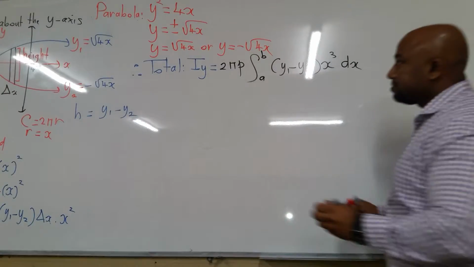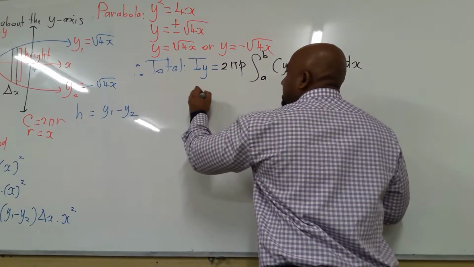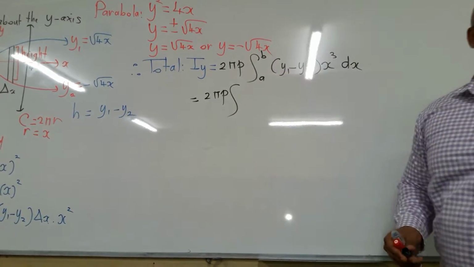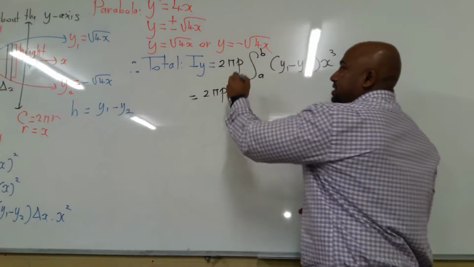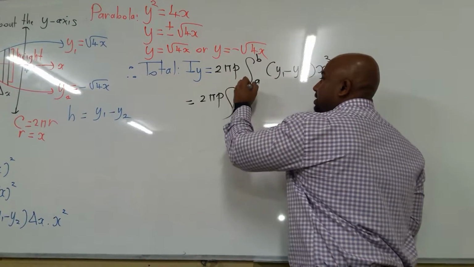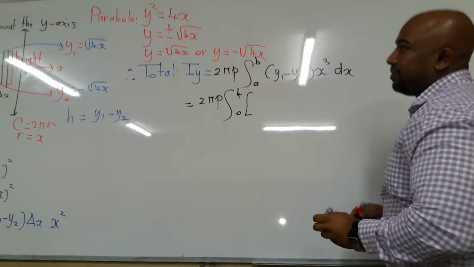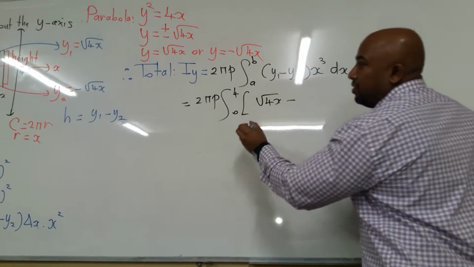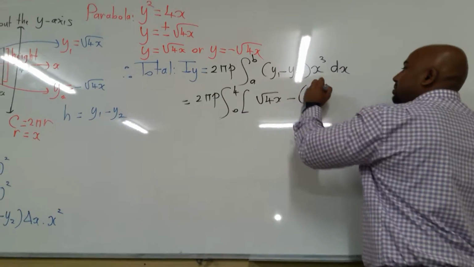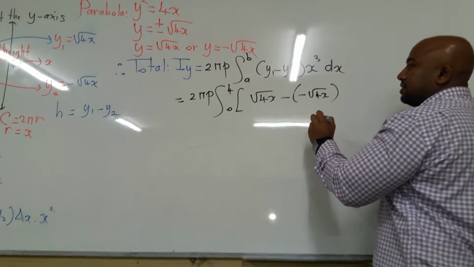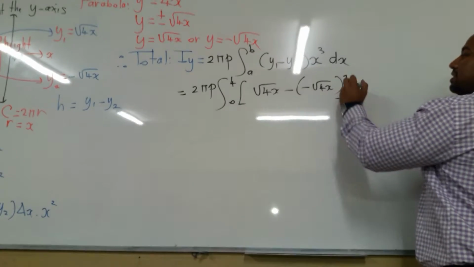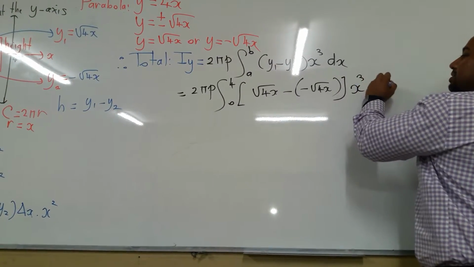So that is 2 pi p, b and a, the same b and a, since we're not changing anything on the diagram. That will be 4 and 0. What is y1? y1 is the square root of 4x minus y2, which is minus the square root of 4x. And this whole thing is multiplied by x cubed.